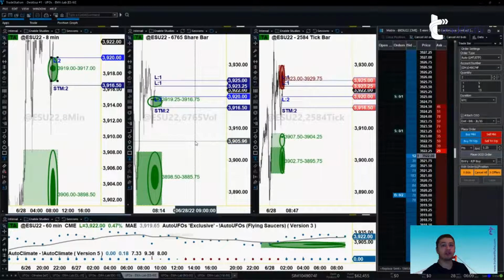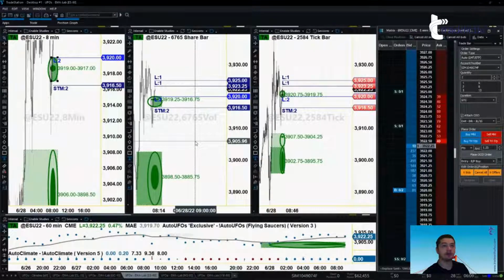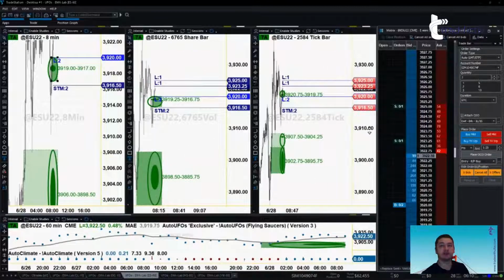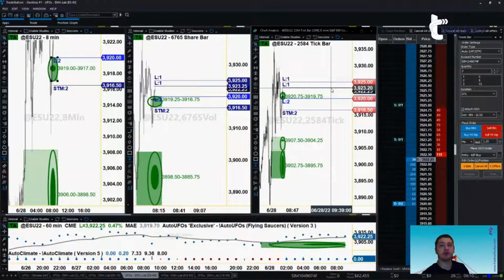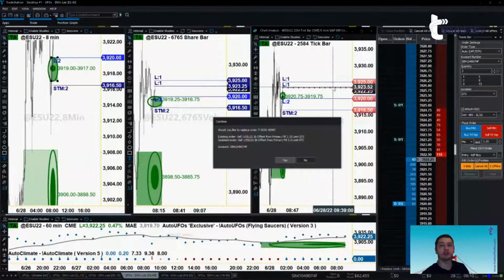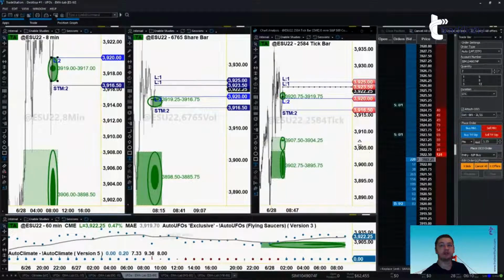Now let's go ahead and set up our T1 and T2. Okay, this is at the tail end of this climate, but it should still work fine. 20 minus 16.5 is obviously 3.5 points, plus 20 is 23.5, would be T1.